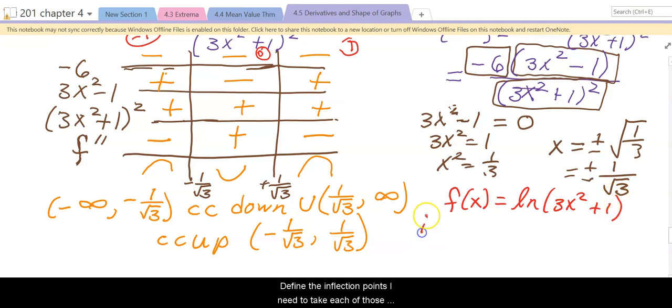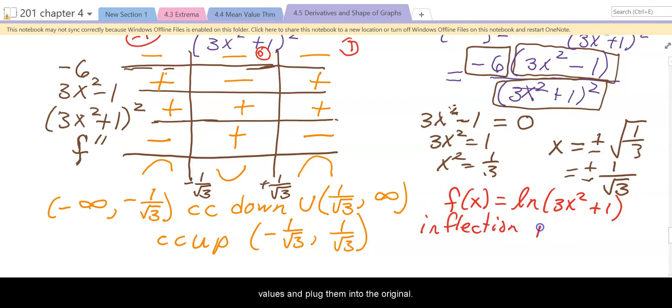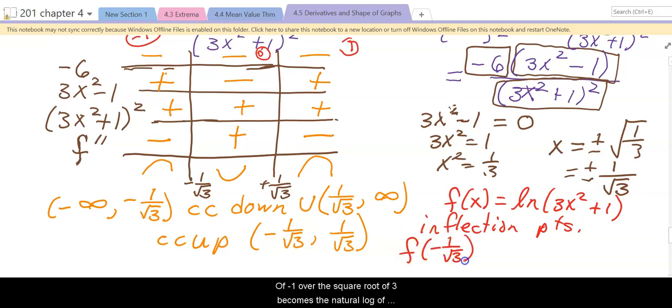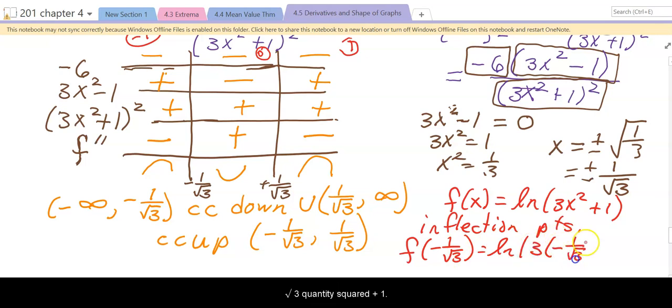To find the inflection points, I need to take each of those values and plug them into the original. F of -1 over the square root of 3 becomes the natural log of 3 times -1 over the square root of 3 quantity squared plus 1. Notice that because it's squared, I'll get exactly the same value coming out of 1 over the square root of 3.